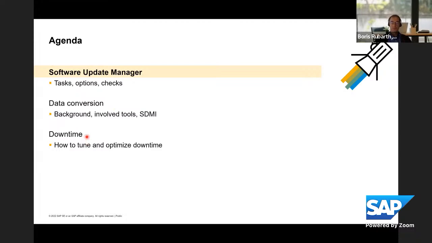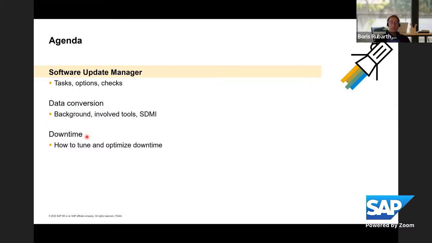But first of all, the Software Update Manager is the engine to drive the technical conversion from SAP ERP to SAP S/4HANA. I presume as well that you have a general understanding of what a system conversion is. Overall, the transition to SAP S/4HANA can be done by three different transition scenarios, of which the system conversion is one, where we have one ERP source system, which is completely converted to SAP S/4HANA.